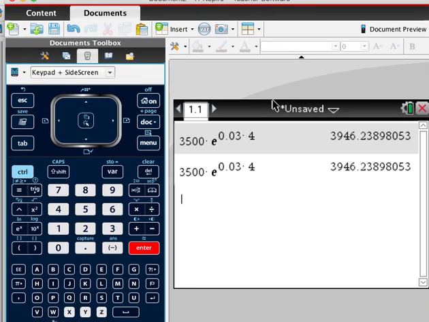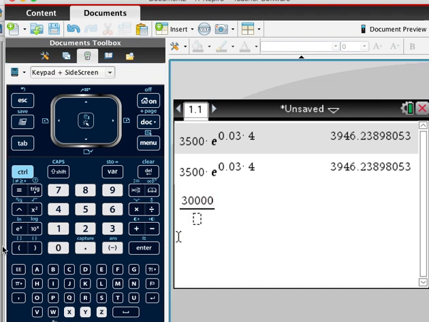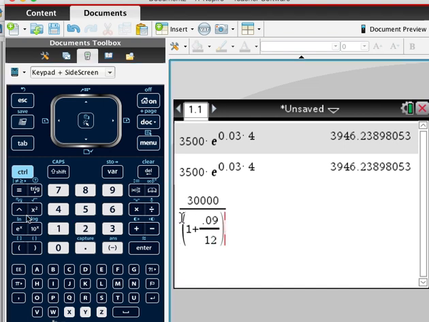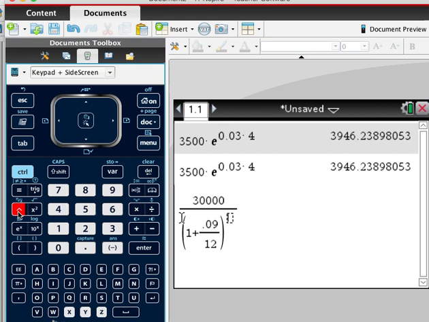So I'll bring up my calculator and I will enter in the expression that we would like to calculate. I'll do control divide, so it's a little bit easier to enter. 30,000 divided by, I need parentheses here. So I'll put inside parentheses 1 plus, control divide to get another division symbol in MathType, 0.09 divided by 12. And now I need to raise all of that, so I'll use the caret.